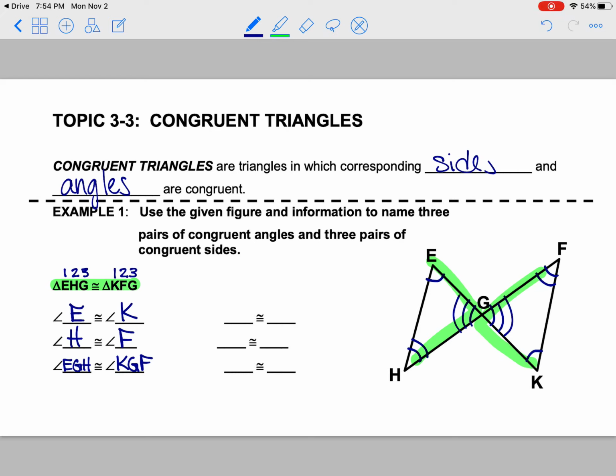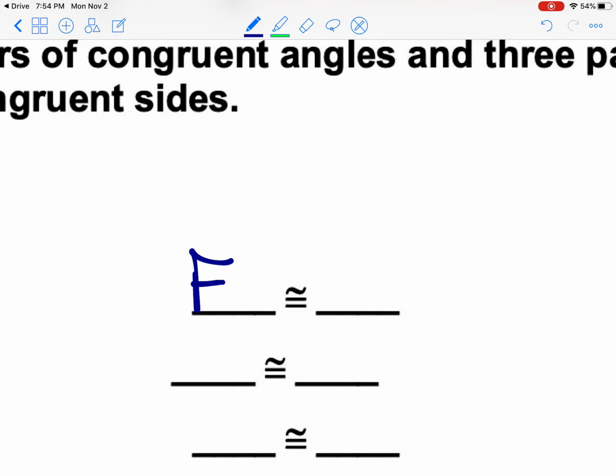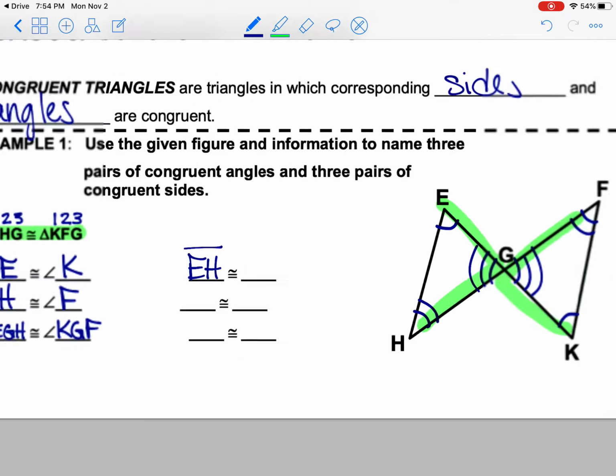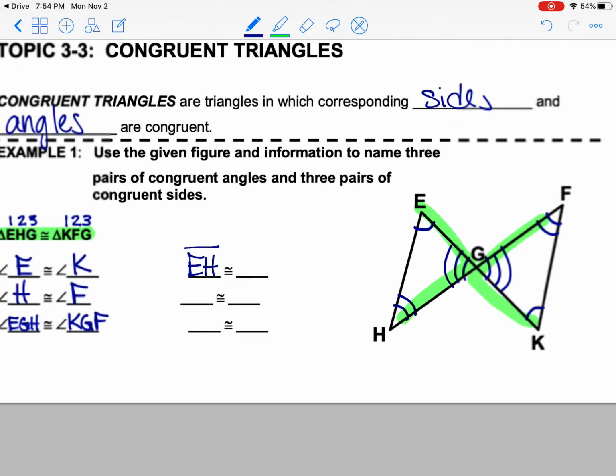Now let's talk about corresponding sides for a minute, and you can use your angle markings to your advantage here. Let's start with EH. E to H is a side, so put your line over it. If we start with E, then we have to start with K, so EH is congruent to KF.